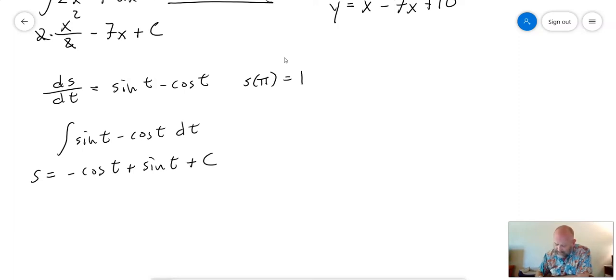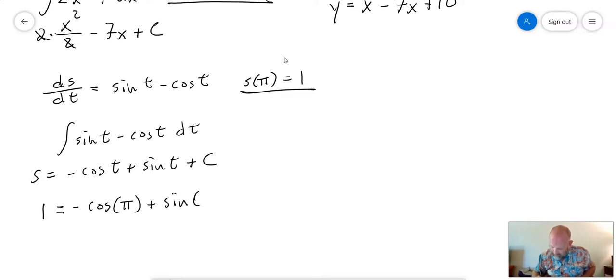So looking at this now, if we throw in our initial value that s of pi is equal to 1, that means 1 is equal to negative cosine of pi plus sine of pi plus a constant. Well, cosine of pi is negative 1, right?